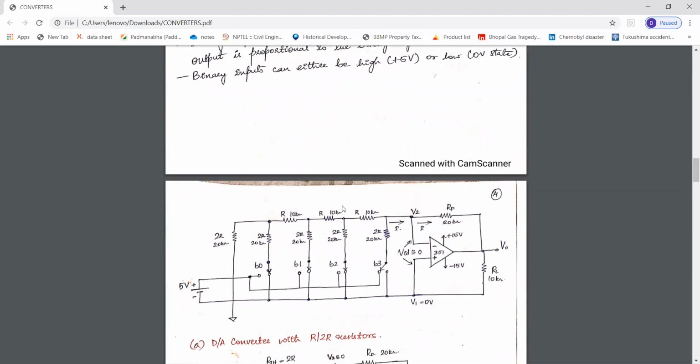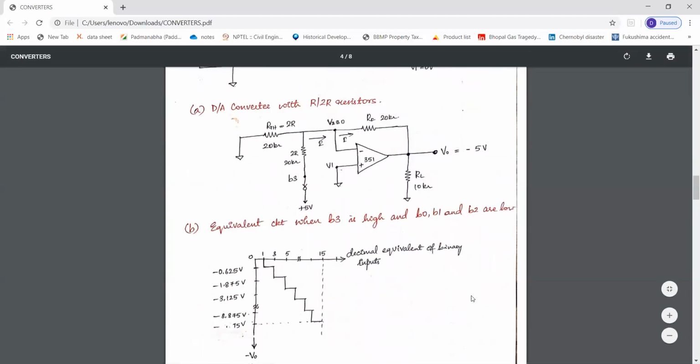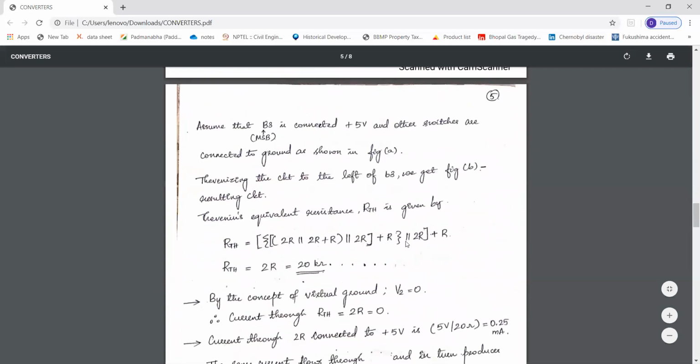Now this reduced part of the circuit is in parallel with this 2R resistor, which is in series with the resistor R. So till this much of the left part of the circuitry, we are going to Thevenize. So here it is in parallel with 2R, and the R resistor is in series.